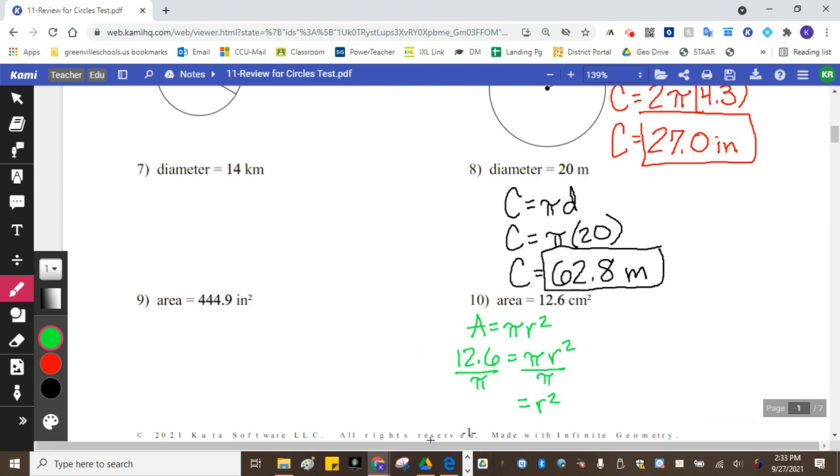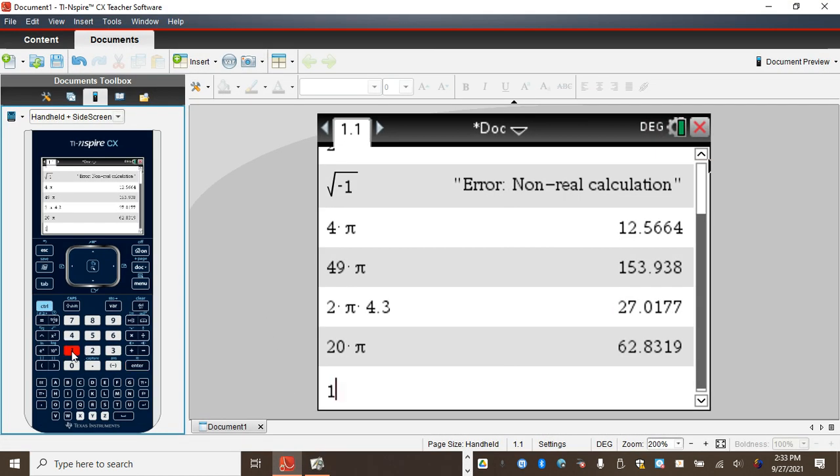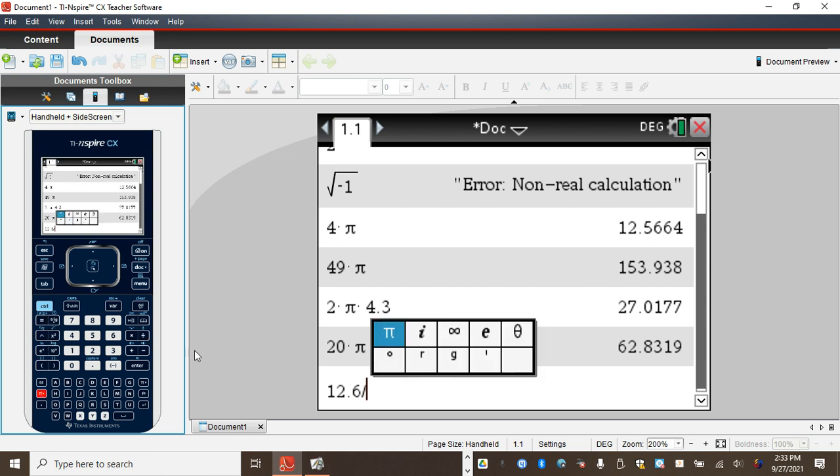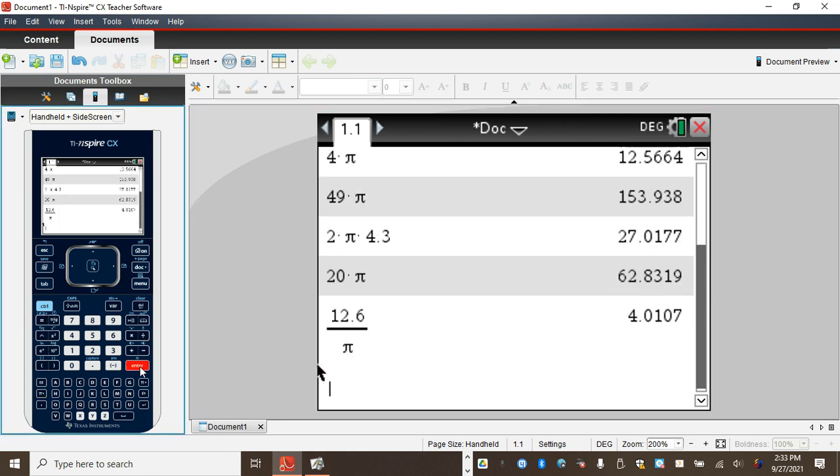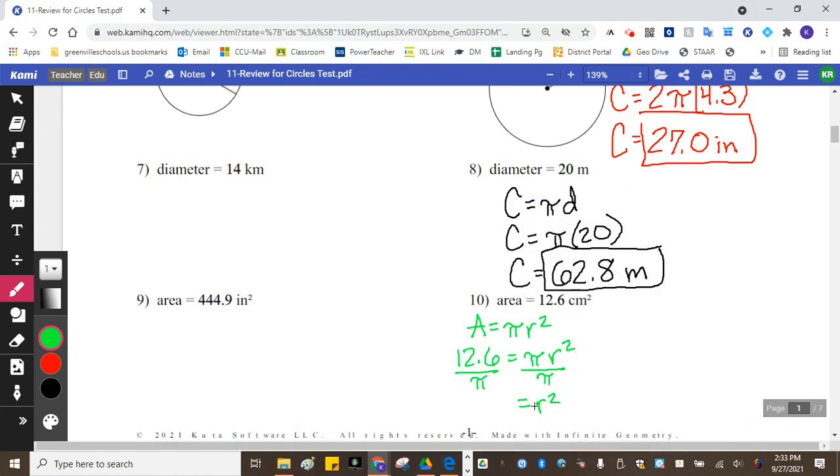I'll put that in a calculator: 12.6 divided by pi. It says we can round to the nearest tenth. So 4.0, so 4. Our radius squared is 4.